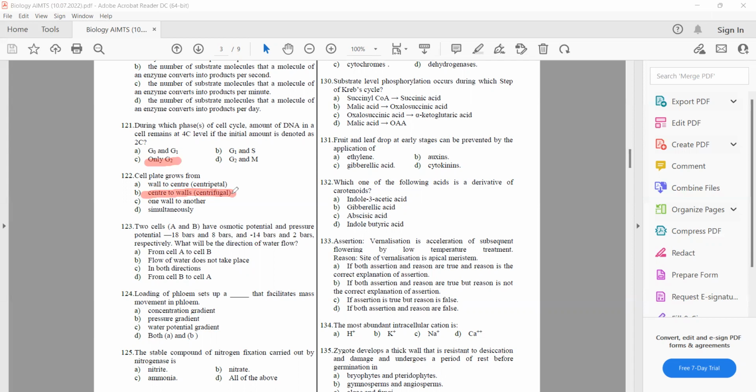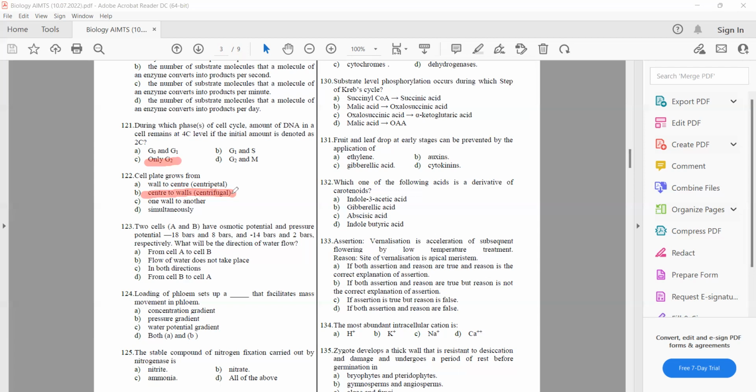123, two cells A and B, they have given you the osmotic potential and the pressure potential. What will be the direction of water flow? We know water potential is equal to solute potential plus pressure potential.